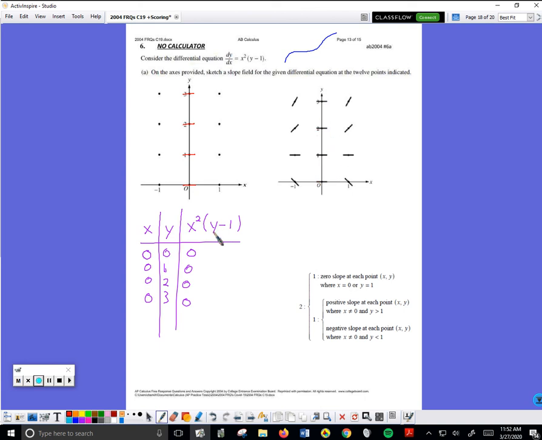When y is equal to 1, this will be 0, this won't matter. So y is equal to 1 here, here, and here. X is equal to negative 1, 0, 1, we've already done that one.